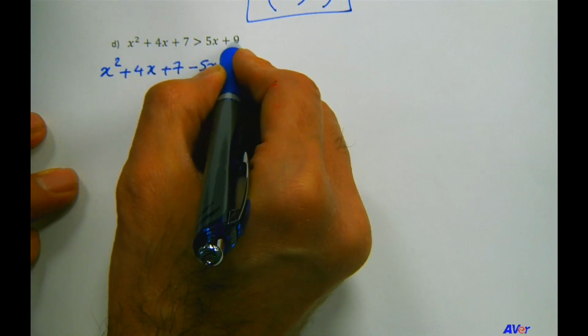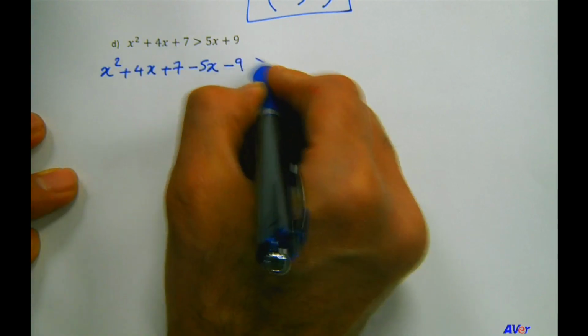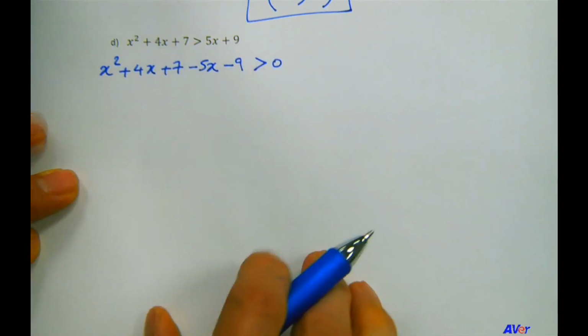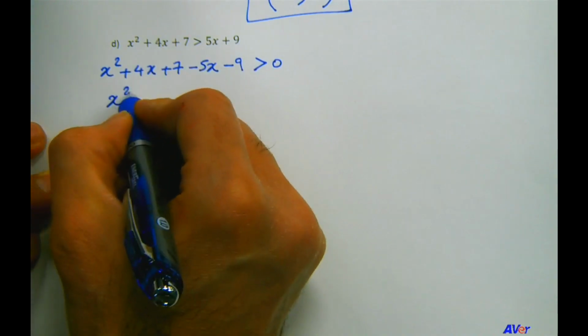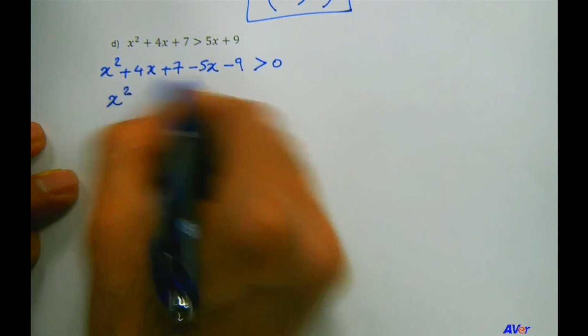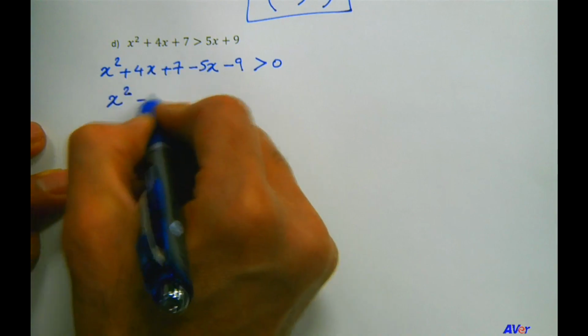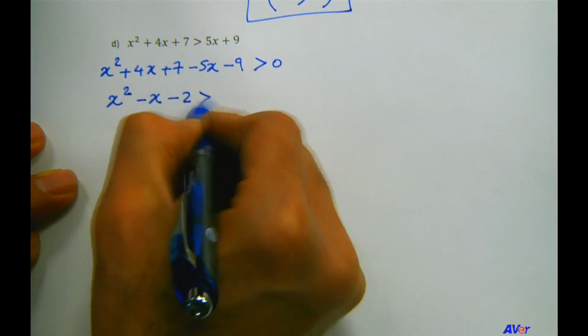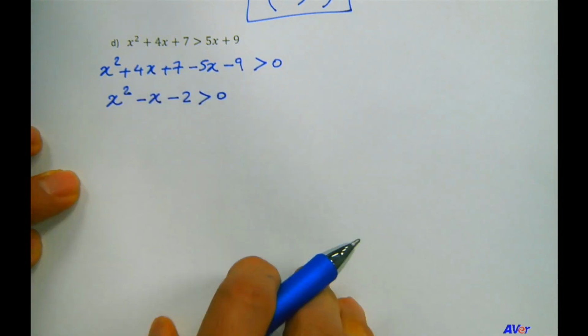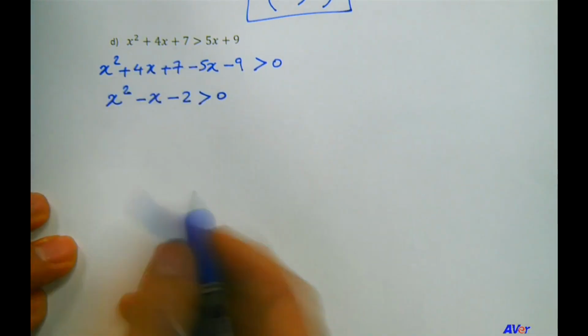I'm going to move 9 from the right side to the left, minus 9 greater than 0. Okay, so x squared, now let's combine 4x minus 5x, that's minus x, 7 minus 9, minus 2 greater than 0.